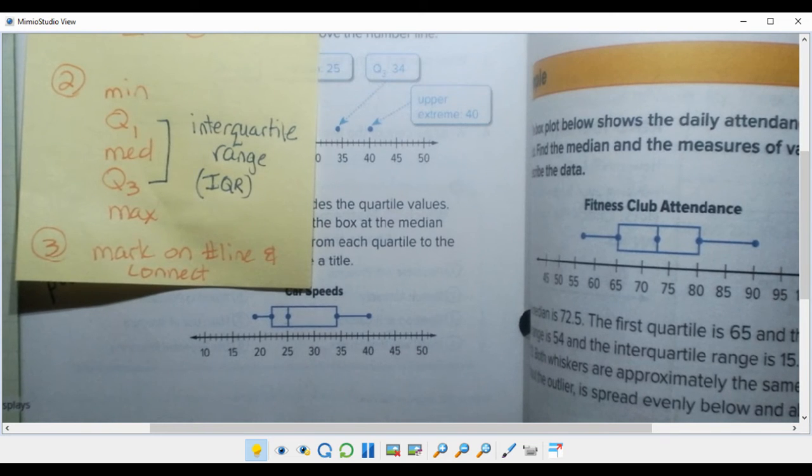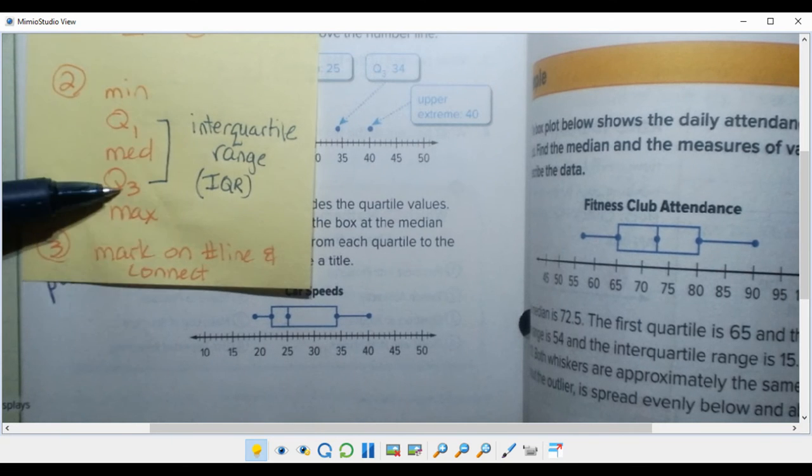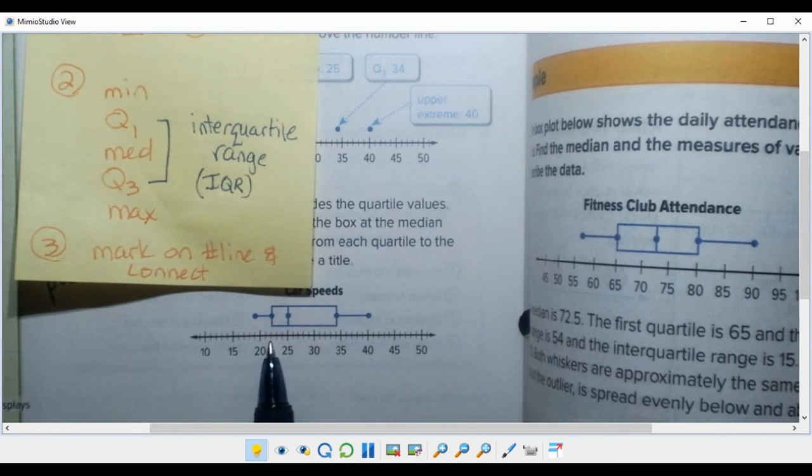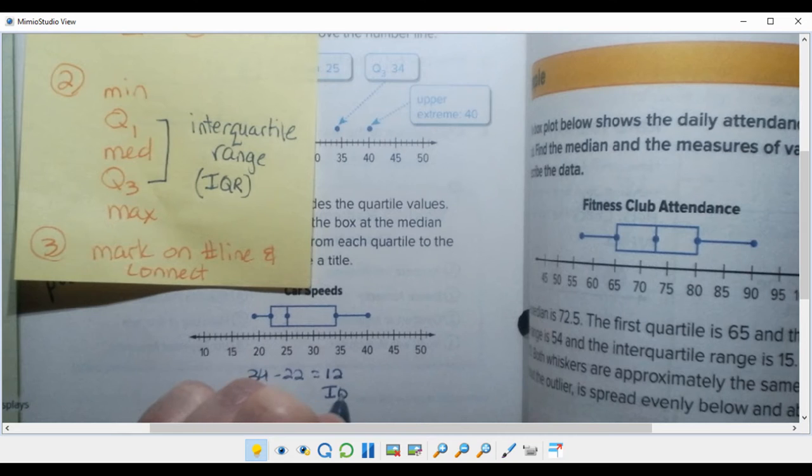Just like regular range is your highest minus your lowest, the interquartile range is your quartiles subtracted. So in this case, this will be my Q3, 34. This would be my Q1, 22. So 34 minus 22 is 12. I have an IQR of 12.